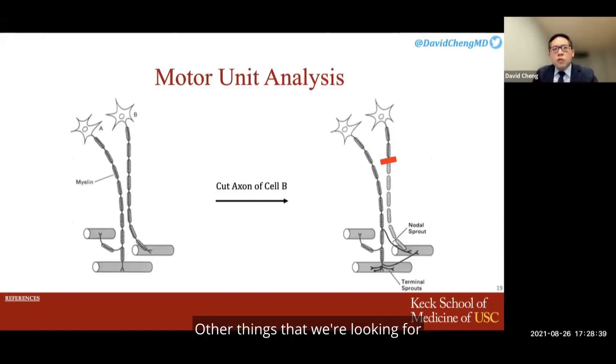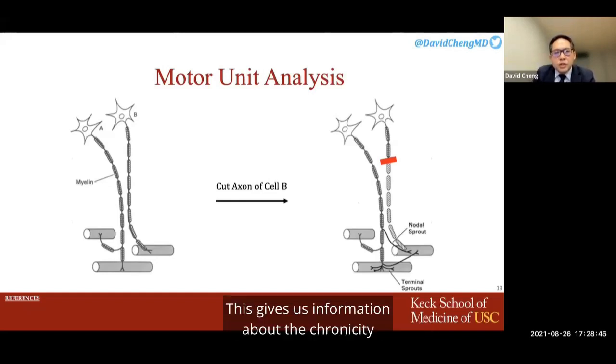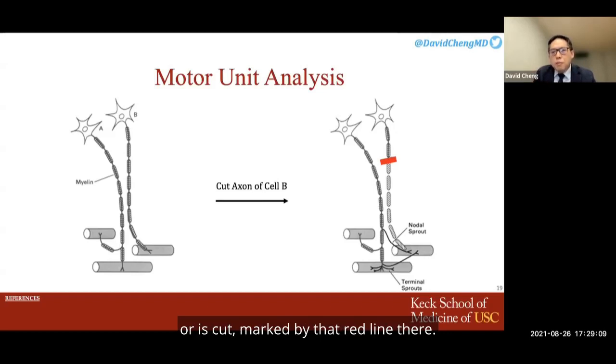Other things that we're looking for outside of abnormal spontaneous activity is motor unit analysis. This gives us information about the chronicity of the problem as well as the presence of reinnervation. What you're seeing on the left side is 2 healthy, happy motor units, healthy axons and neurons. And what you see on the right side is that the axon of cell B is injured or cut, marked by that red line there.